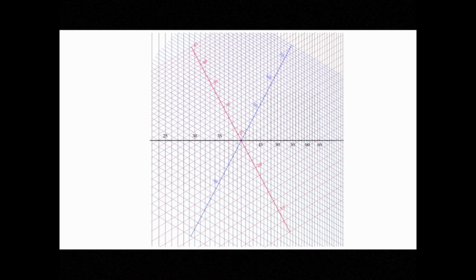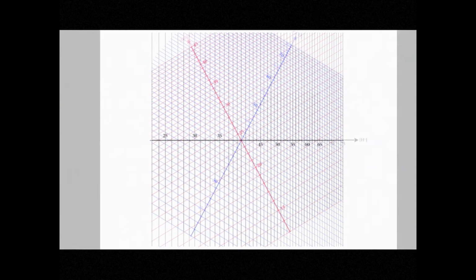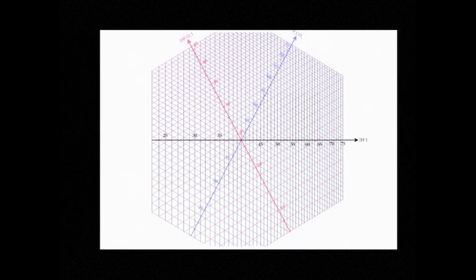First, we will build a triaxial system using screen capture software. The three axes thus erected will be used to depict the three variables which interact to determine acid-base balance in arterial blood: the carbon dioxide tension, the bicarbonate ion concentration, and the hydrogen ion concentration.